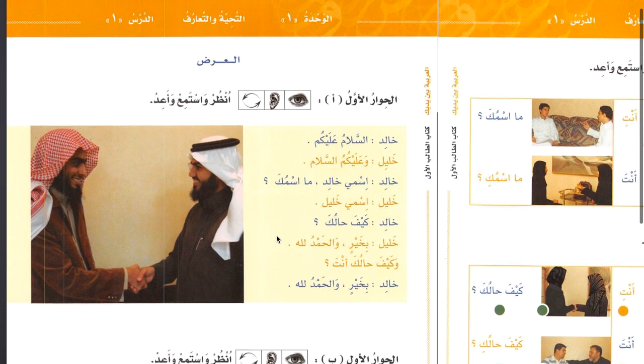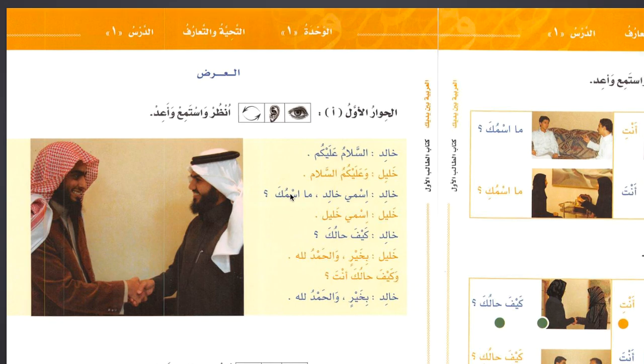Al-Hiwar al-Awwal. The method used by this book has three parts. The first, this symbol is the eyes. This means unzur, which means see. And this is the ear.